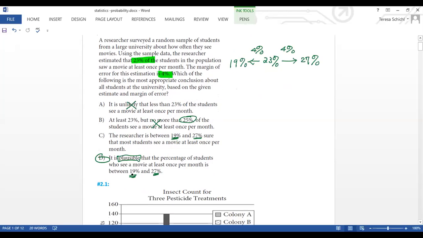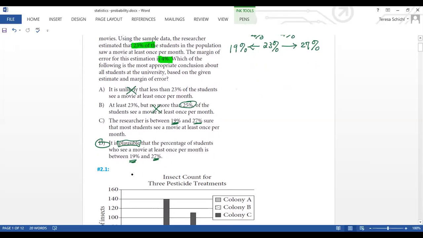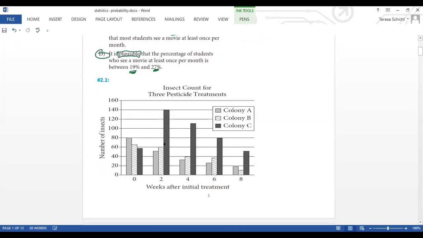The margin of error has 23 as the center, meaning the average estimate is 23%, the percent of students. It's not how confident the researcher is about that. So D is the correct answer here.